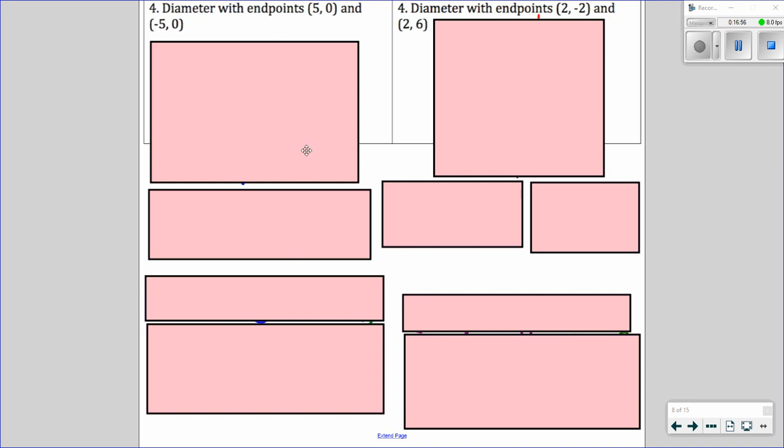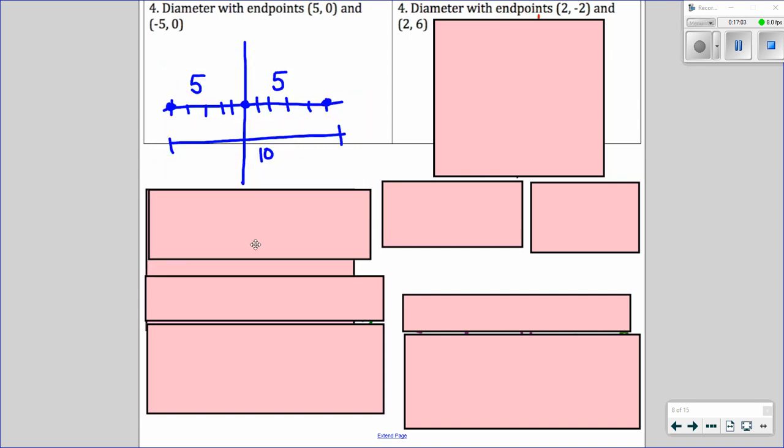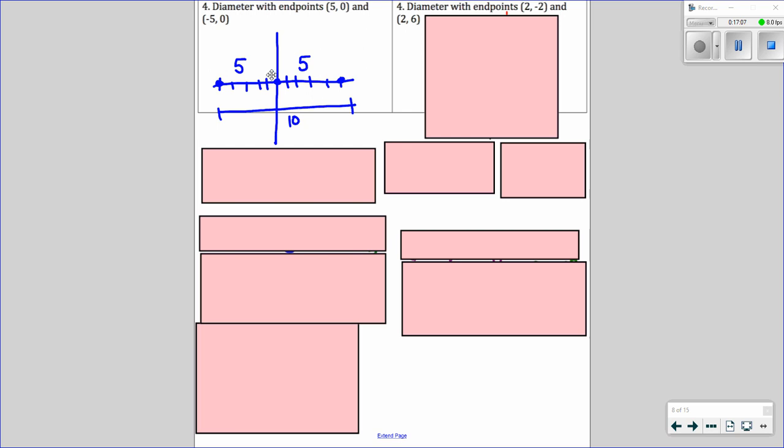But you know what? Since they gave us the points, there's no graph, but I created my own little graph. I plotted on the graph that I created. I noticed that (5, 0) and (-5, 0) are on the same line, and the distance from that point to the other point is 10.